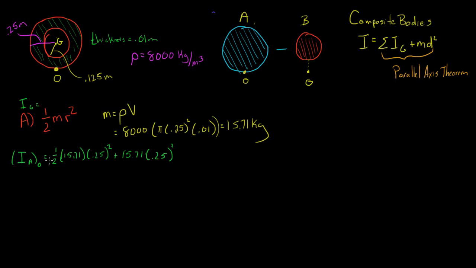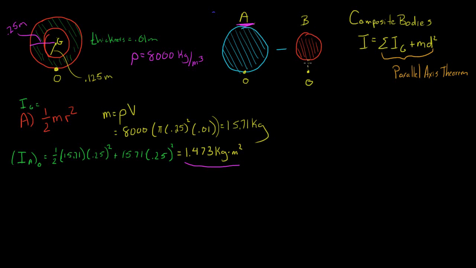And if we multiply this out, we're going to get a moment of inertia of 1.473 kilogram meter squared. So this is the moment of inertia of A right here.